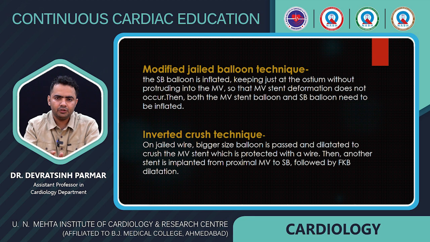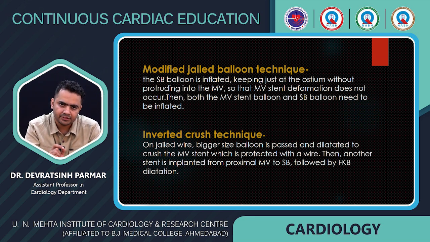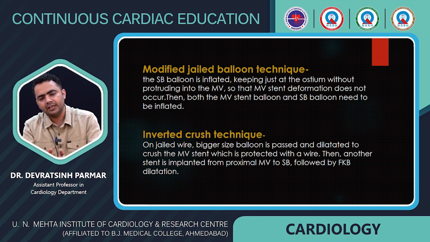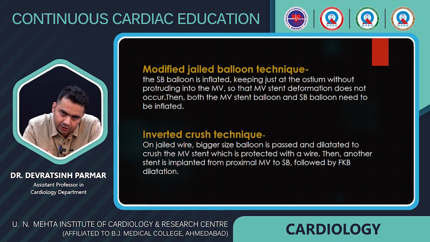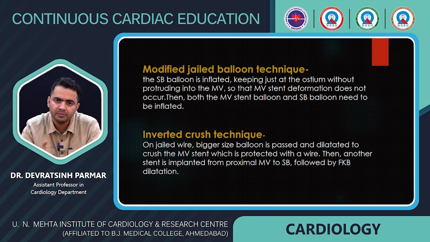First you put a stent in your main vessel, and then the uninflated balloon is pushed into the side branch. You keep the uninflated balloon at the ostium of your side branch, and after provisional stenting, if there is no flow in your side branch, you inflate the balloon. But the proximal part of your balloon should be exactly at the ostium of your side branch. It does not come into the main vessel, so there will be no stent deformation.